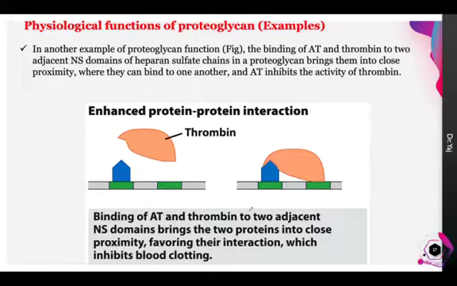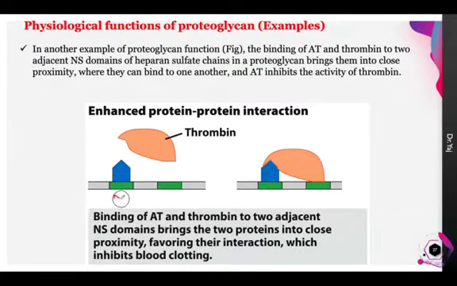Let us now look at how two NS domains are helping in the physiological function of heparan sulfate. For this also I have used the example of antithrombin 3. So you have the heparan sulfate.